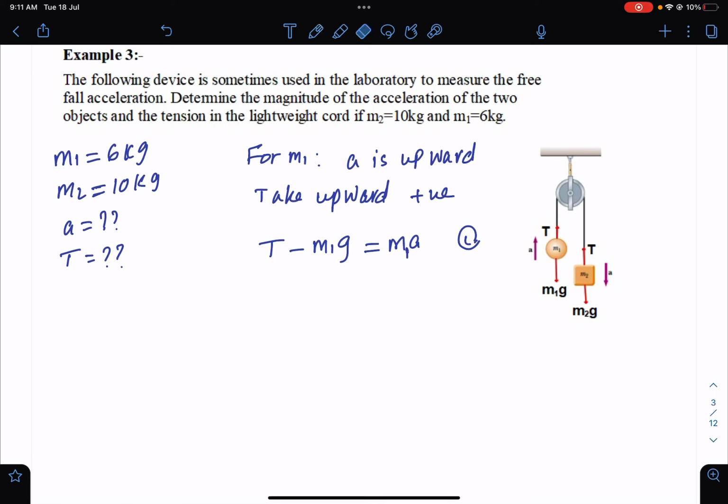For M2, which is heavier, acceleration is downward.